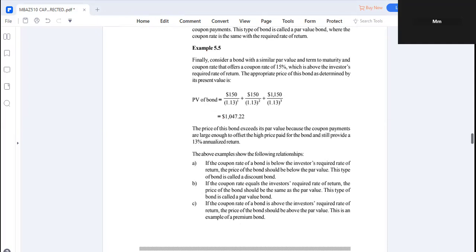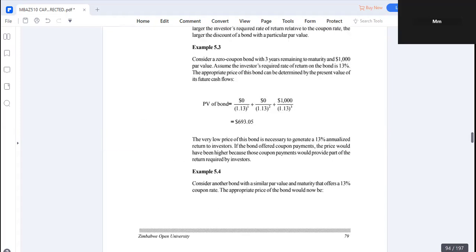Suppose we have a bond. This bond has a par value or maturity value of 1,000, and a required rate of return of 13%. We need to calculate the value of the bond.